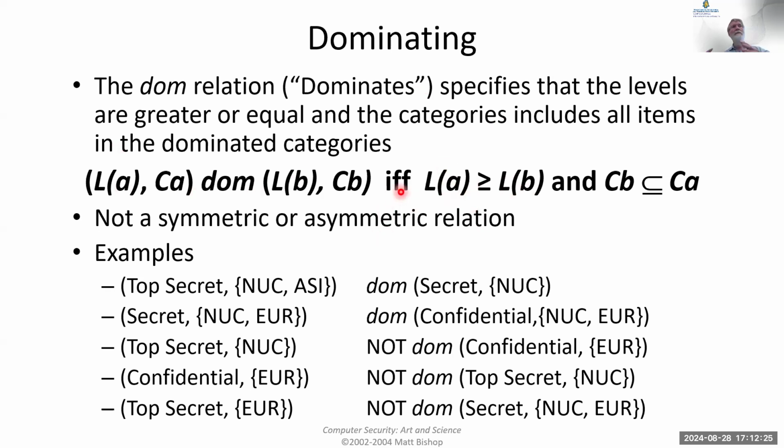If you want to write to an object, the object has to dominate the subject. So the object would be confidential, and that beats Joe. And the object's categories are B, which is not a subset of the empty set.